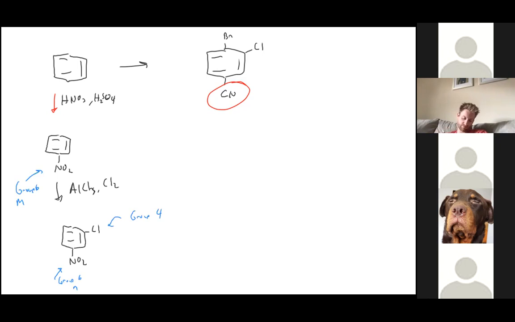Realistically, because my NO2 is pretty big, my group 4 is another para director. These two are pretty blocked.